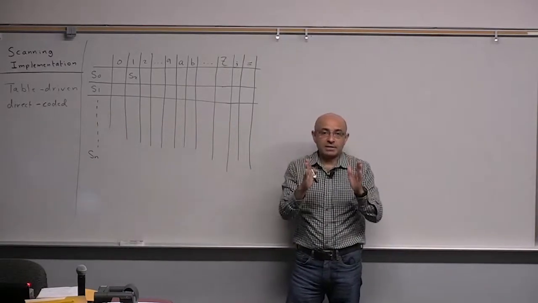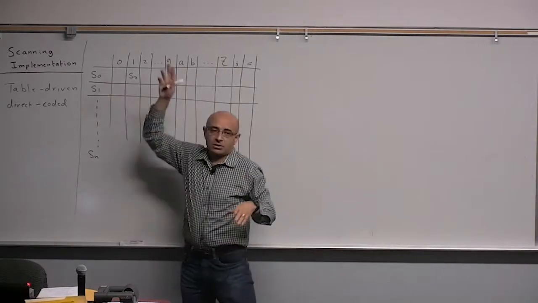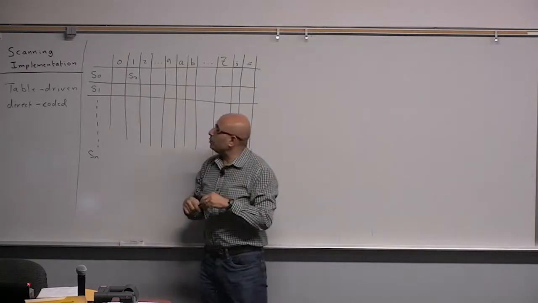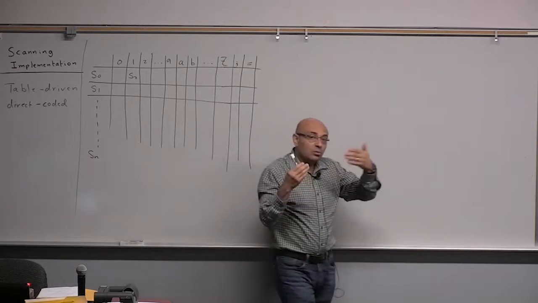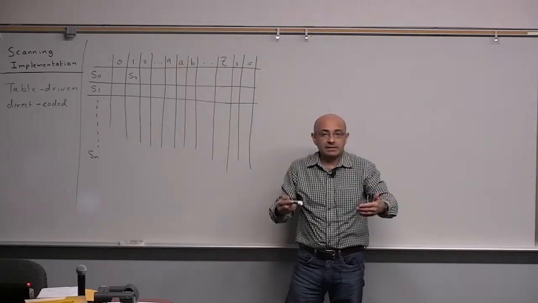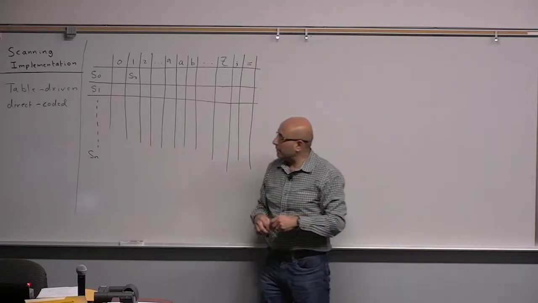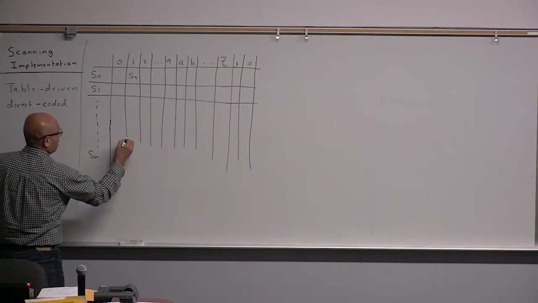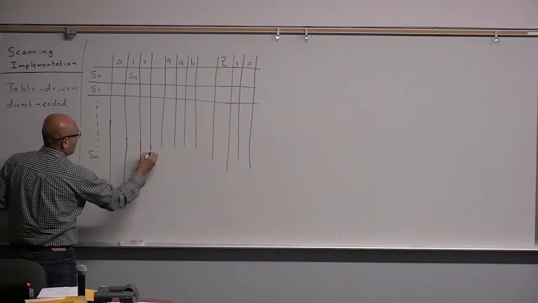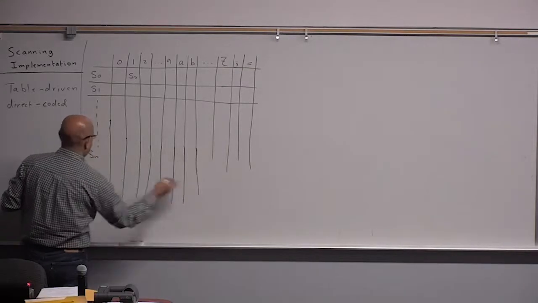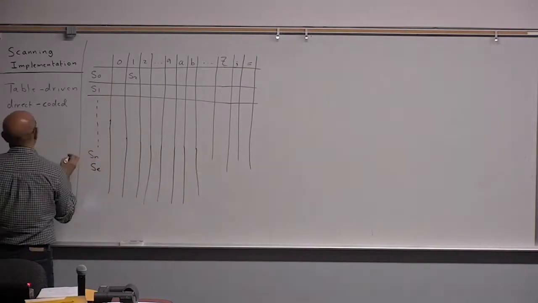Given the current state, which is initially S0, our start state, and based on the current character that we are seeing in the input, we look it up in the table and see what the next state is, and we move to the next state. And among these states, there will be a state that represents an error, the SE, or the error state.